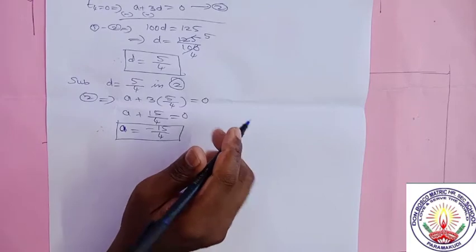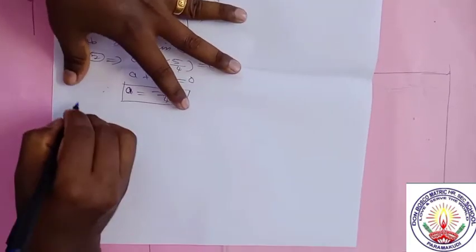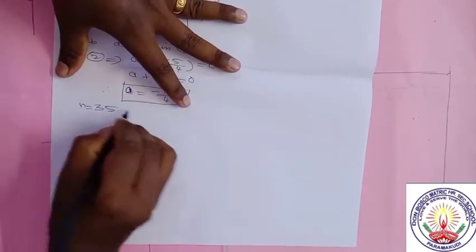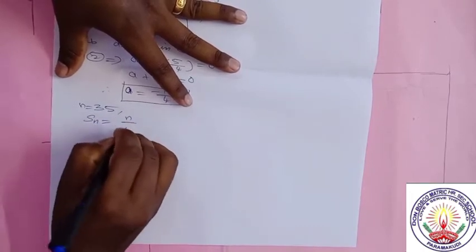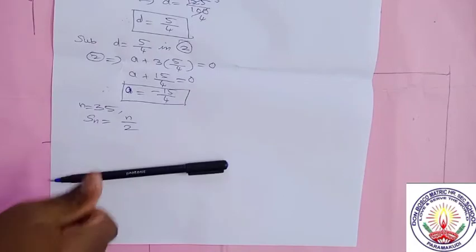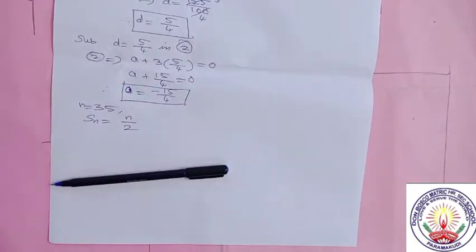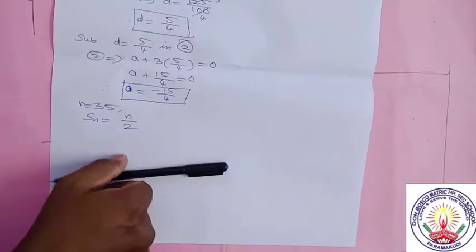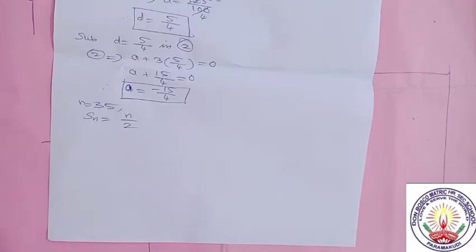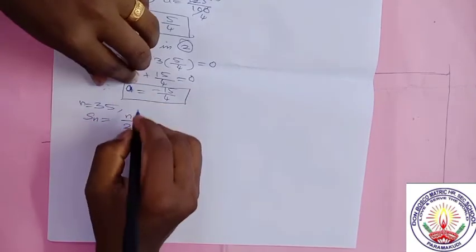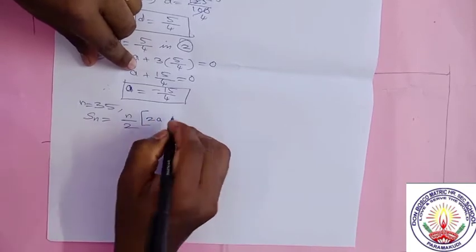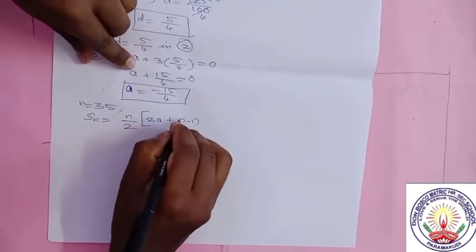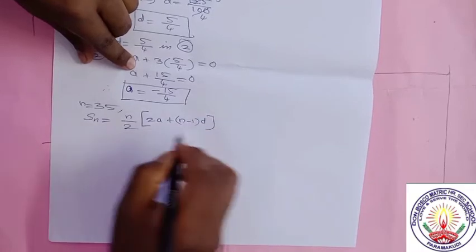What is our problem? To find S35. That means n is equal to 35. What is the formula? Sn is equal to n by 2 into 2a plus n minus 1 into d.